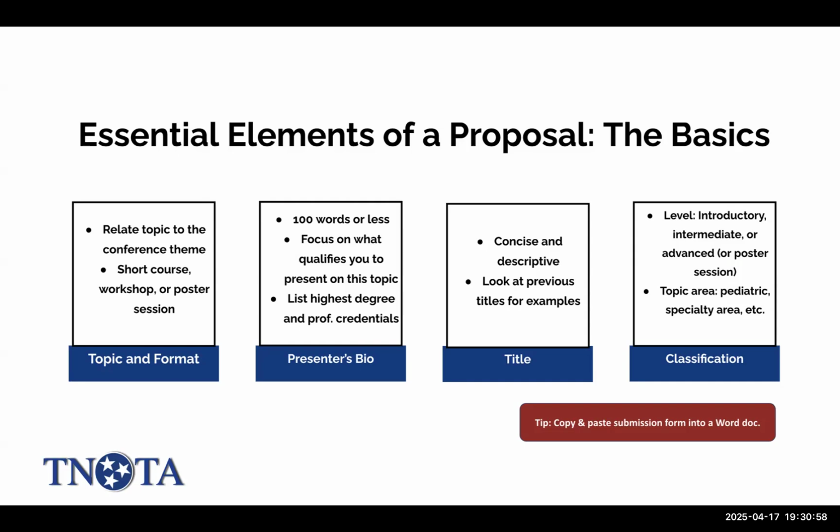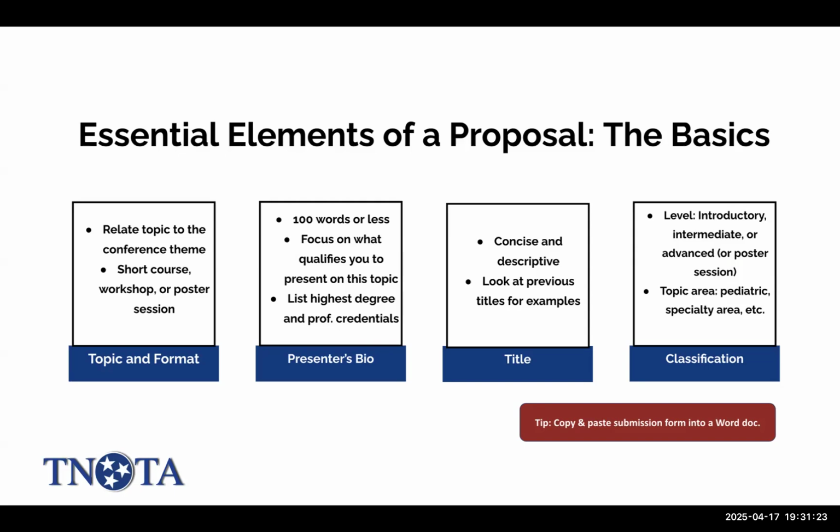Then we get to the title. So I recommend that you try to be concise, but at the same time descriptive. Sometimes people will try to put in something catchy, and that's okay. You don't have to, though. What I would really recommend for that is to look at the titles in last year's conference and kind of spin off that.